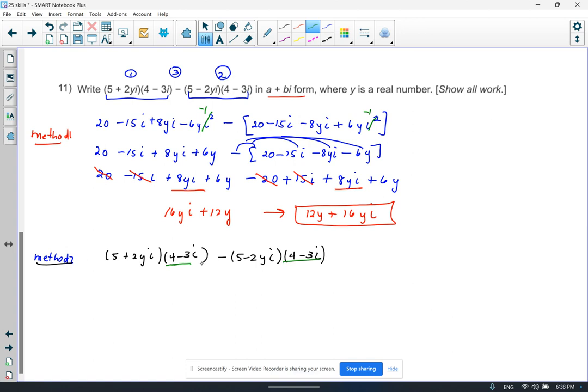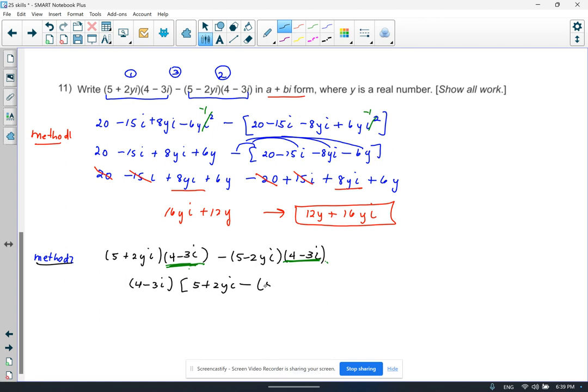But the other alternative is if you notice there's a common binomial here, you can factor that out as a GCF. And then if I factor it out from that first blob, I get 5 plus 2yi minus, I'm factoring it out from the second.